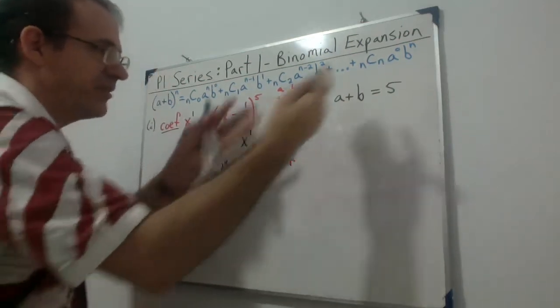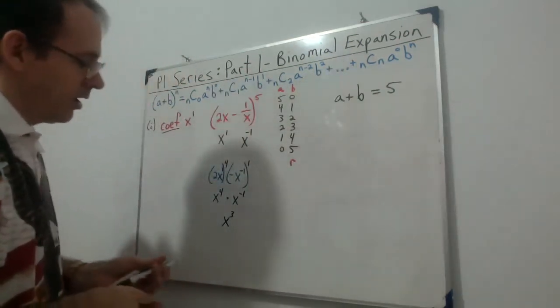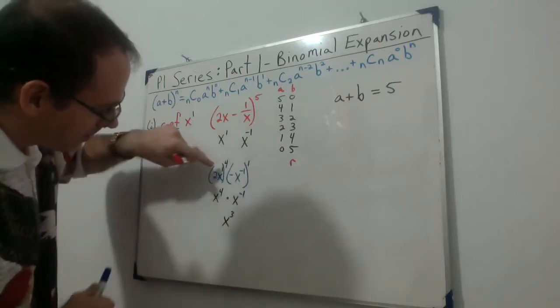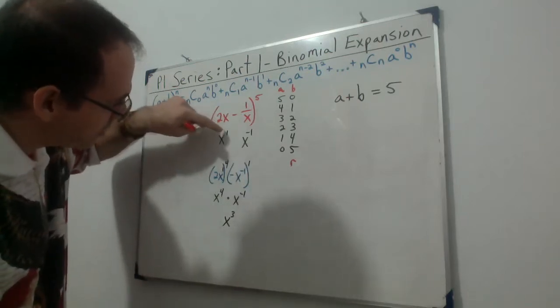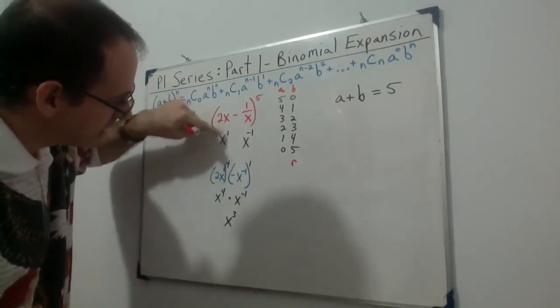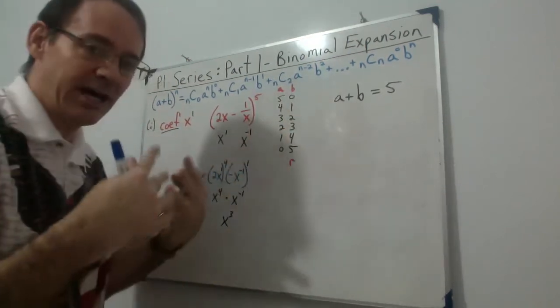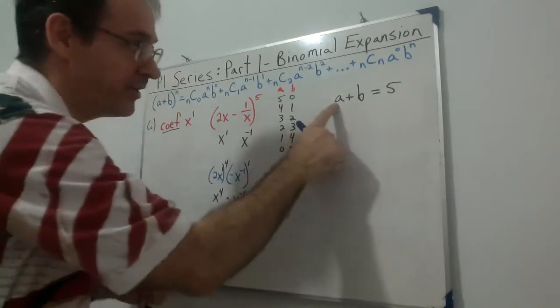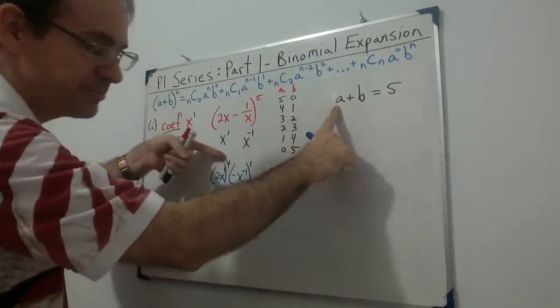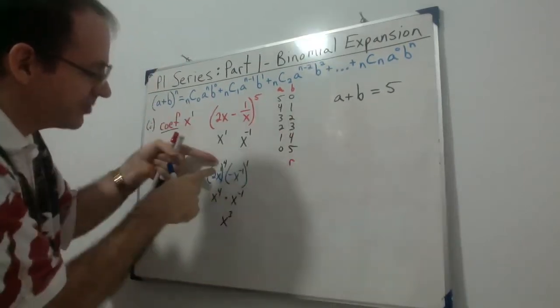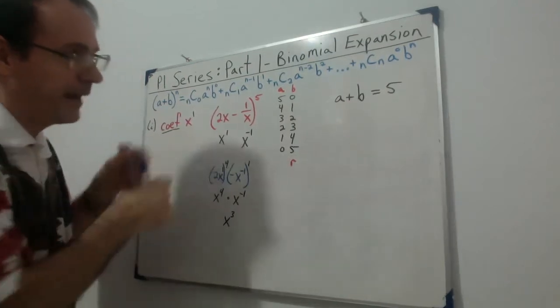So how does this relate to this? This exponent on your x gets multiplied by the exponent on your a term. Remember, this represents the exponent from your a. It's going to get multiplied by 1.